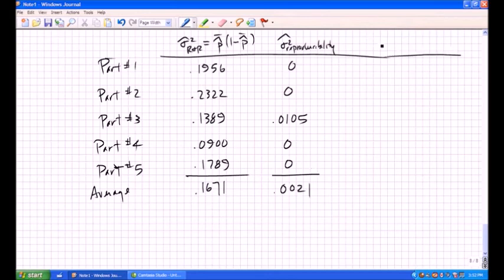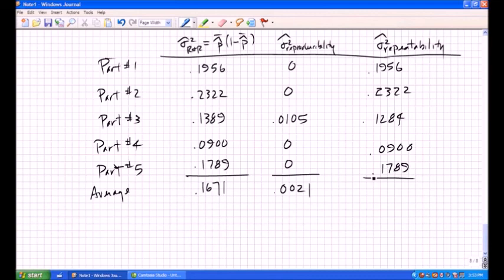And if you make estimates of the repeatability variance here, this is 0.1956, this is 0.2322, this guy is 0.1284, this is 0.0900, and this is 0.1789, which not too surprisingly averages to 0.1650.